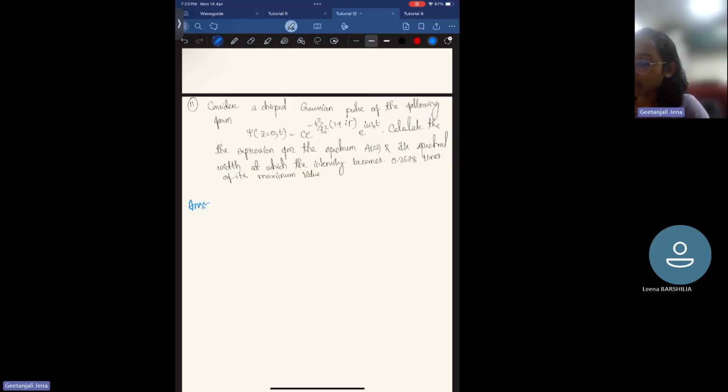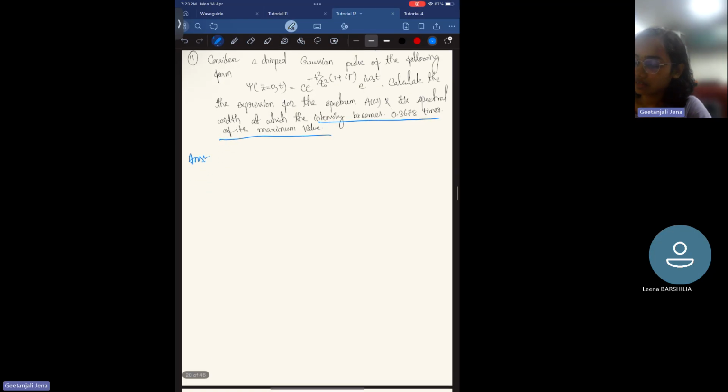It was asking to calculate the expression for the spectrum A of omega and its spectral width at which the intensity becomes 0.3678 times its maximum value.